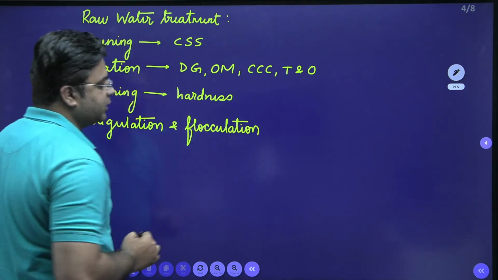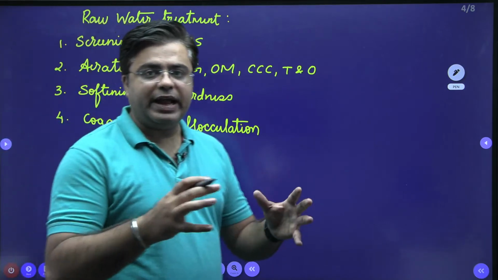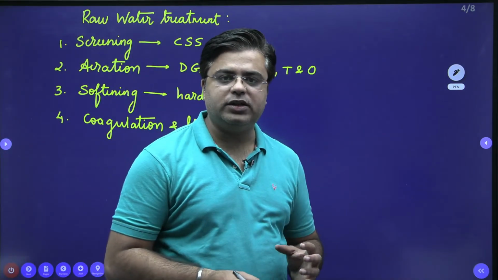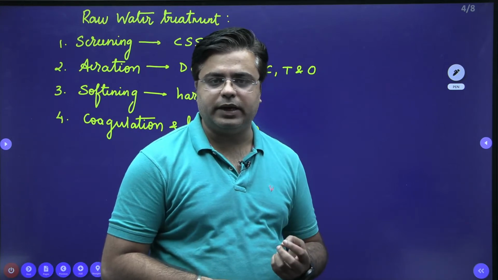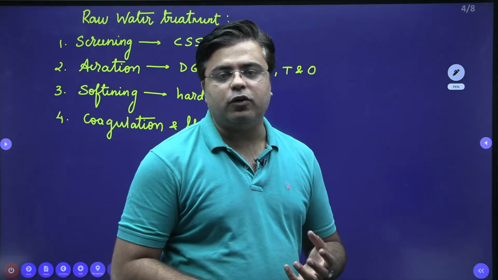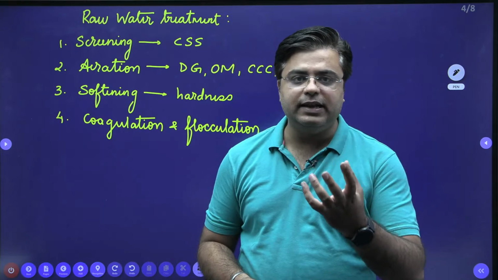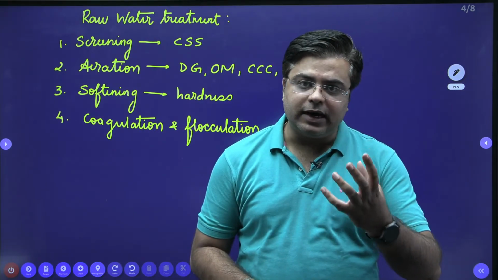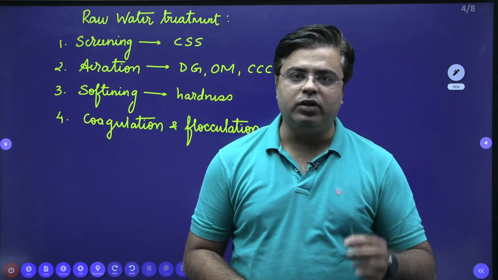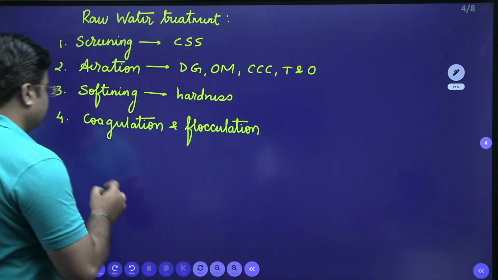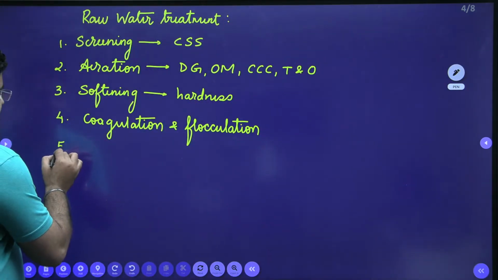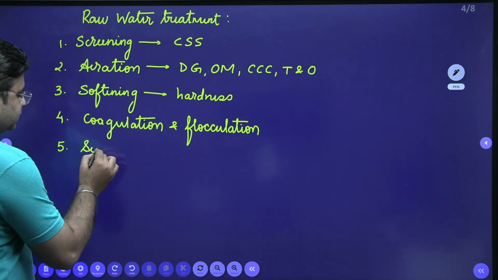Basically, coagulation and flocculation is done to agglomerate the fine suspended solids to form larger size particles. Once we start getting these larger particles, they are settled out in the sedimentation tank. So after coagulation and flocculation, the next treatment given to water is sedimentation.